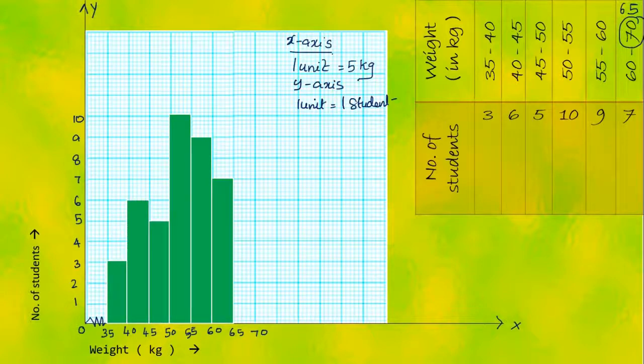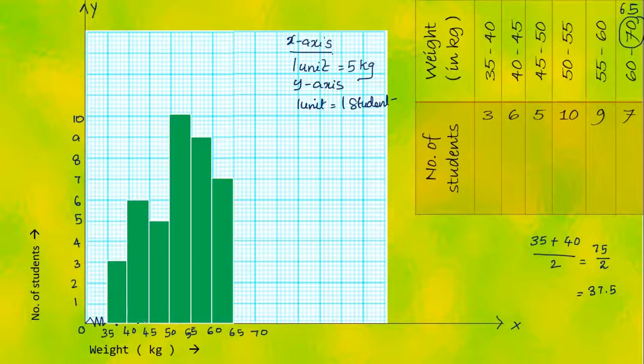Midway between 35 to 40 means we have to consider the middle point of these two. How to find the middle point? 35 plus 40 by 2. It is 75 by 2, or you can write 37.5. It will be somewhere here.